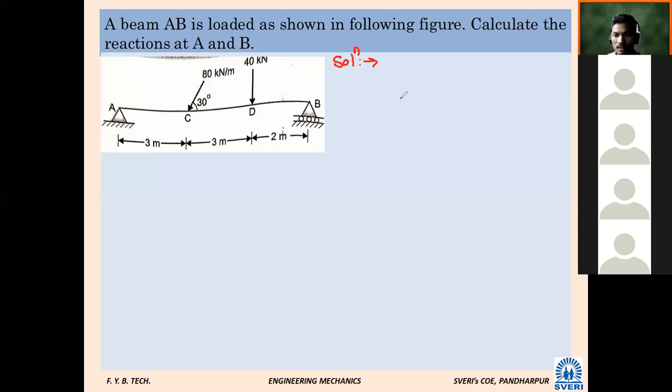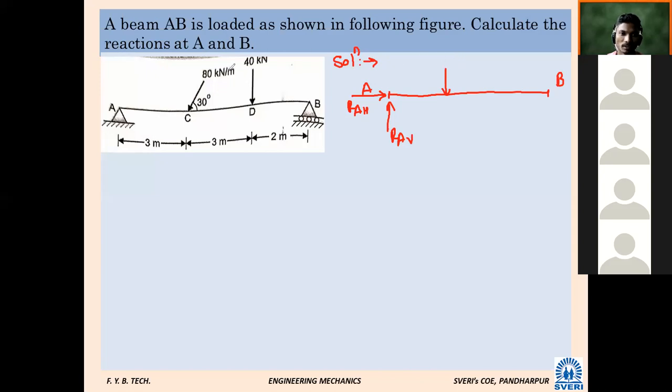Firstly, the calculator should be with you. Notebook, it should be with you again. So if I draw this diagram, here point B, here point A, again vertical reaction RAV, horizontal reaction RAH, one vertical component of this 80 kilonewton force.